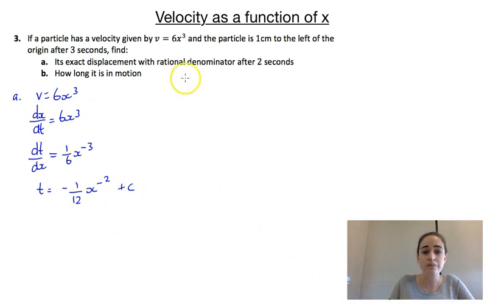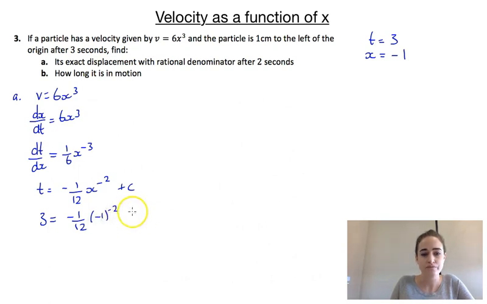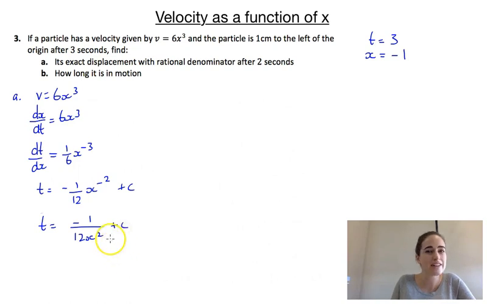So to figure out what that plus c is, we need to use this extra information. So we're told that at t equals 3, our particle is 1 meter to the left. So that means x is equal to minus 1. Or actually, before we do that, I'm going to rewrite it. So I'm going to have t equals minus 1 over 12x squared plus c, just to make it a little bit nicer.